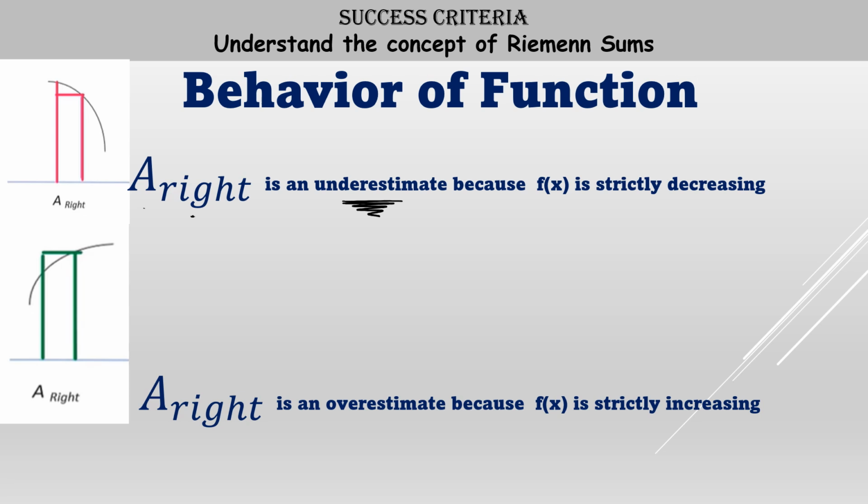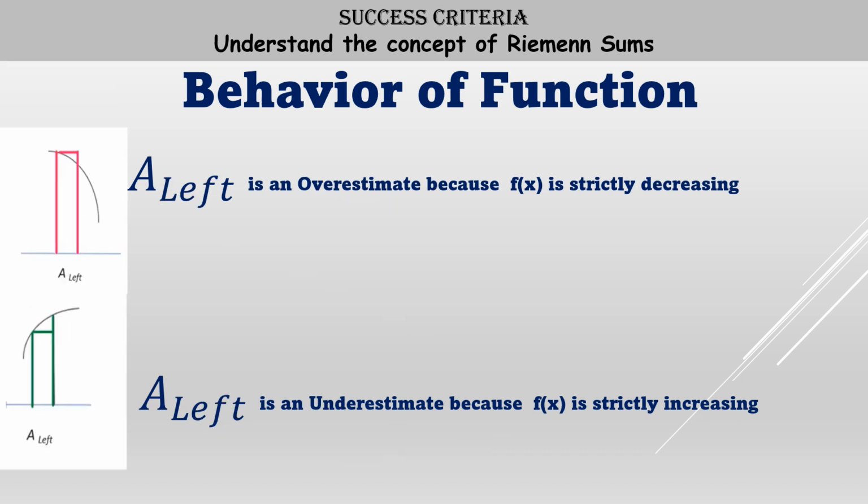Look at this part also: the area is an overestimate for the right Riemann sum because it is increasing. So if the graph is decreasing, the right Riemann sum is an underestimate. If the graph is increasing, the right Riemann sum is an overestimate. So memorize these terms or try to understand them.